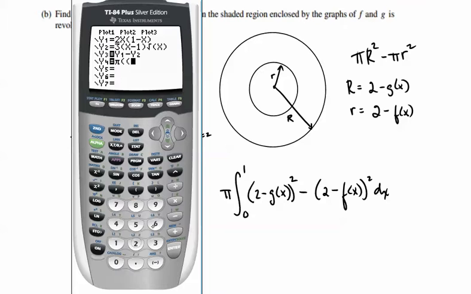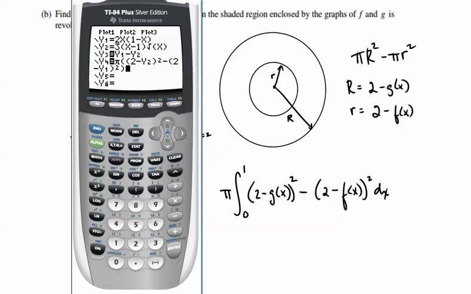And 2 minus g of x is y2. So it's Vars, Y-Vars, Function, y2, quantity squared, minus, open parentheses, 2 minus Vars, Y-Vars, Function, y1, which is our f of x, close parentheses, squared, and close parentheses again.